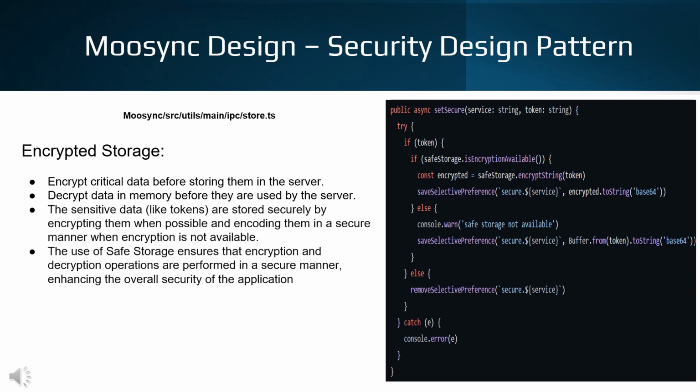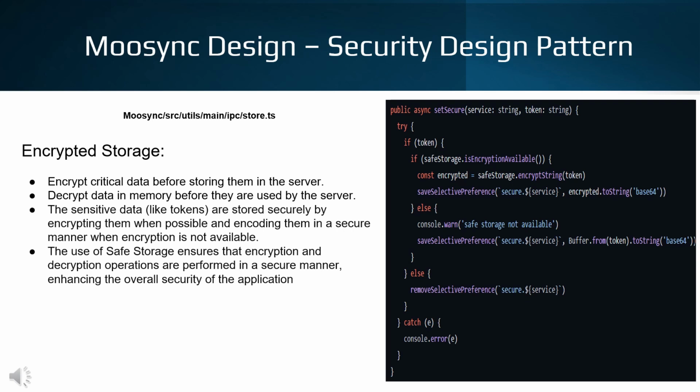When setting a token using the setKey method, first it's checked if encryption is available through the safestorage.isEncryptionAvailable function. If encryption is supported, the token is encrypted using the safestorage.encryptString method before being saved. This is saved using the save selective preference. In case encryption is not available, then it is encoded in base64 format for storage.